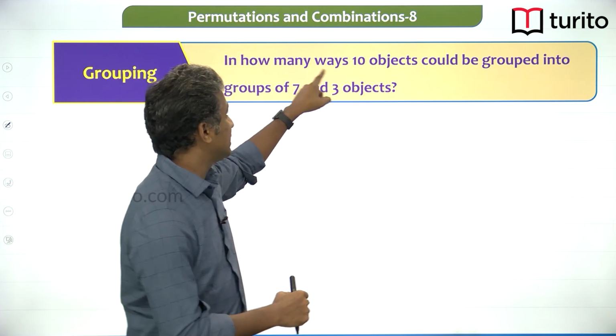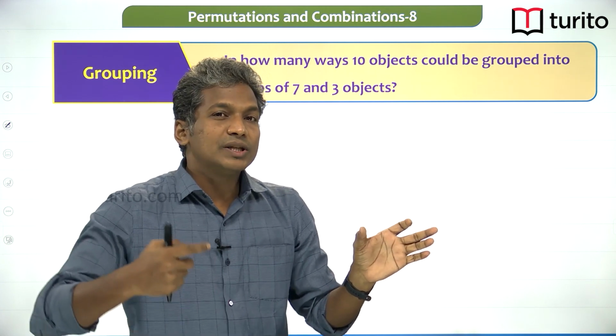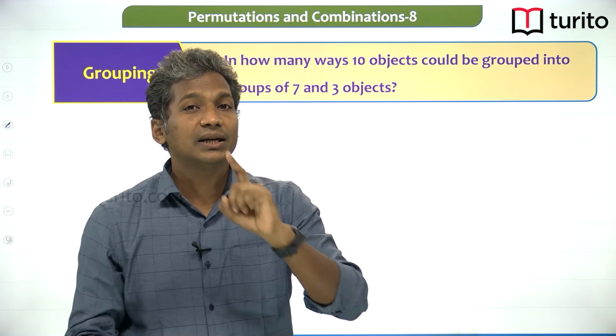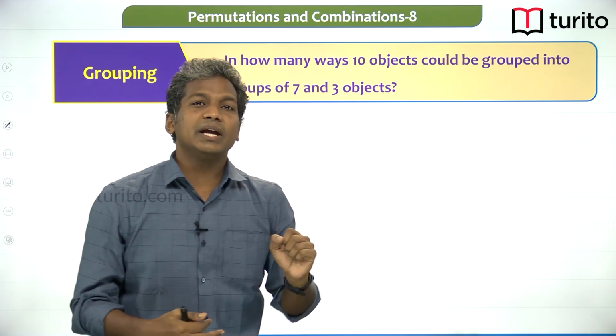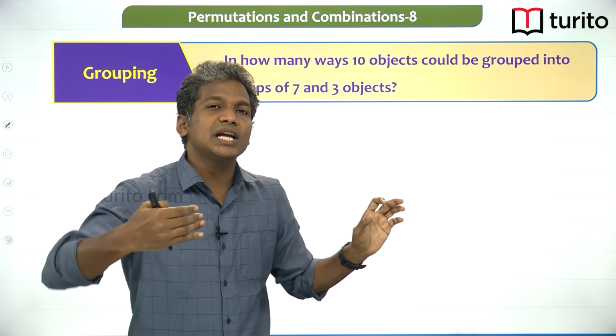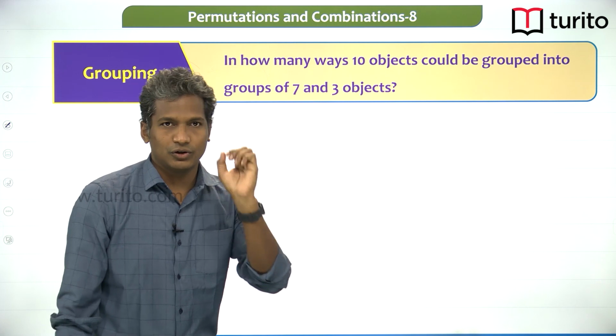So, let me explain it here. Whenever 10 objects is mentioned, because it is not mentioned that they are identical, you have to assume that they are different. Okay. So, if they are identical, they will mention it. If nothing is mentioned, then naturally they are different. So, here these 10 objects are different objects.